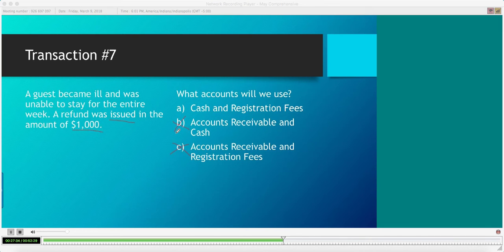When a client pays us money, we credit it to registration fees, our revenue account. Since we have to return that money to them, we're going to actually decrease our revenue and decrease our cash account because we no longer have that $1,000 since we gave it to a client.